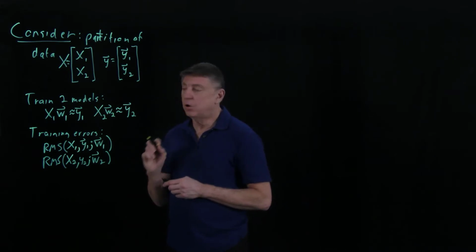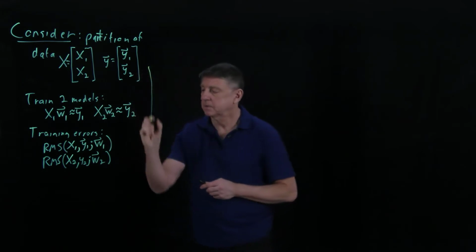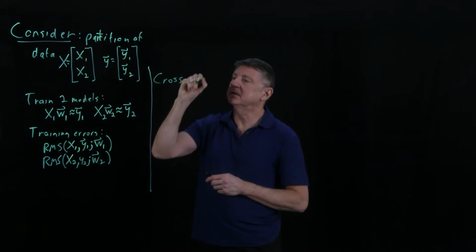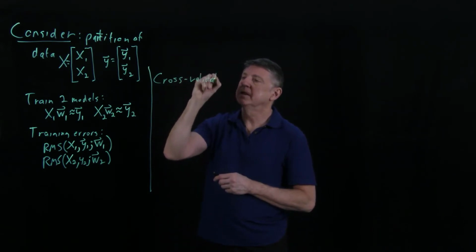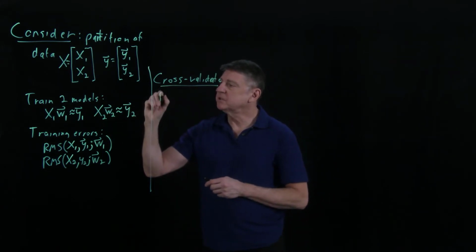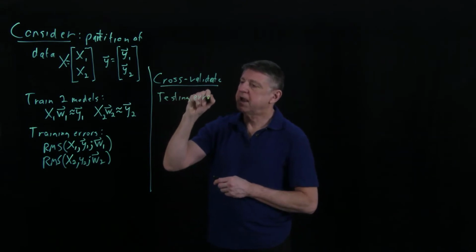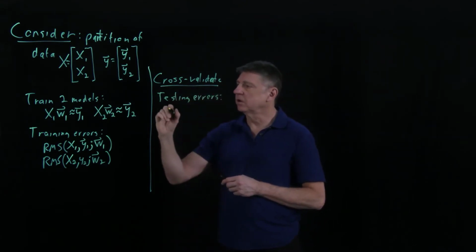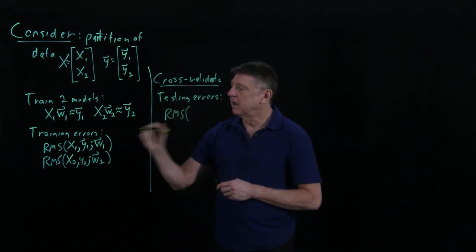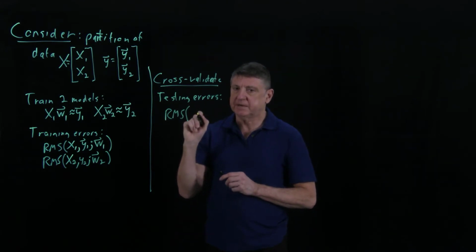Now, what we can also do is we can cross-validate. Cross-validate means that we take these and let's call these our testing errors. And our testing errors are, we can find the root mean square of, so now let's take this carefully.